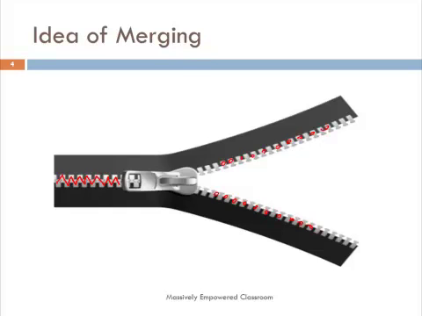Now, if we can zip two sorted arrays and obtain a single sorted array, I will get a sorted or merged array which is larger than the two smaller arrays. The only difference is when we zip, the elements of the two arrays strictly alternate with each other. That may not be the case when we actually merge two sorted arrays. But if you remember this idea of zipping together, that is the basic concept of merging two sorted arrays to obtain a larger array.